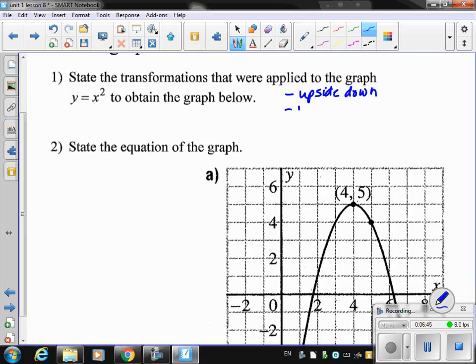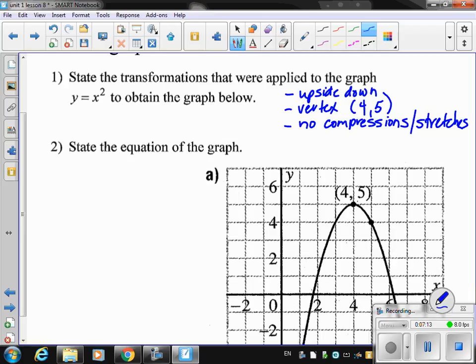I see that the vertex has been moved 4 to the right and up 5. And it looks like the step pattern is a normal shape. No compressions or stretches, or just say normal shape.